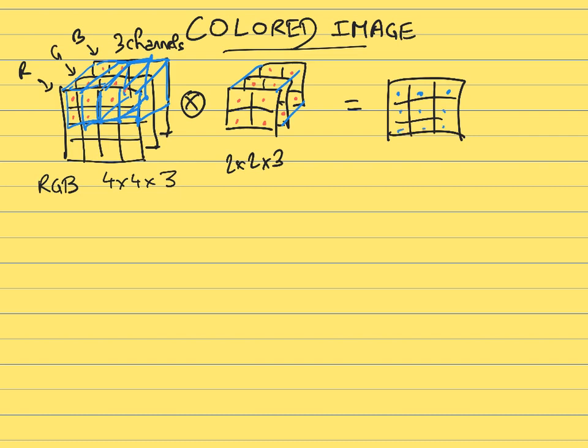But in this case, the output that you get is not 3-dimensional anymore, because you have multiplied the pixels of your input image by the pixels of your filter, and then summed all the results over the 3 channels, and that gives you only one single number. So at the end, your output has only one channel. It doesn't have the 3 channels of the starting image.